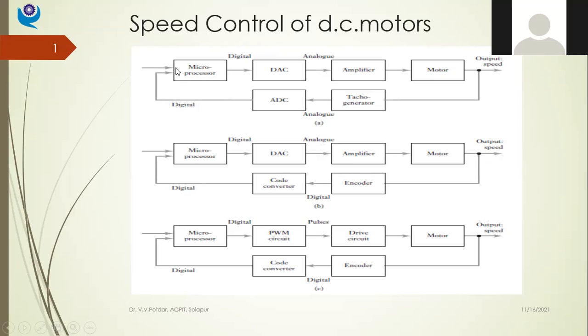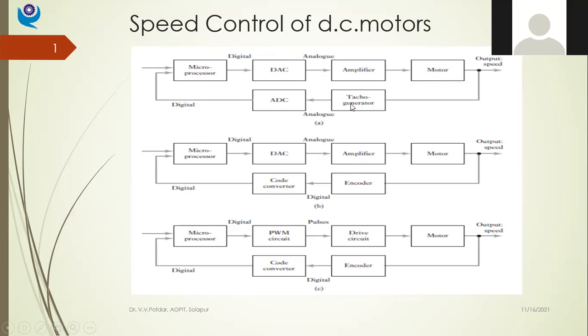Here I have the set value of the speed. For example, let us say I want the speed of the DC motor to be 3000 RPM. So an appropriate digitally equivalent signal or the set input is provided corresponding to 3000 RPM. Now, what is the actual speed? Maybe 2500.